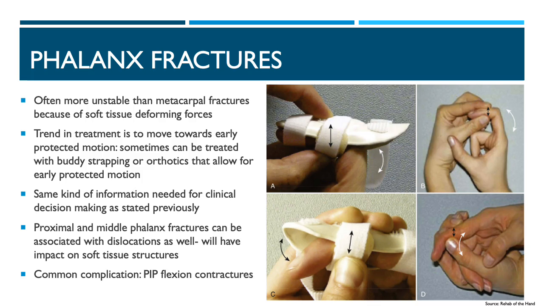But it can just be really painful in the meantime, so you might want to provide them with a Coban wrap or different silicone pads or something, just so that they can do things and work on desensitization, so that they're used to having pressure and different sensations, so that they're not avoiding and guarding their hand for everything that they do.